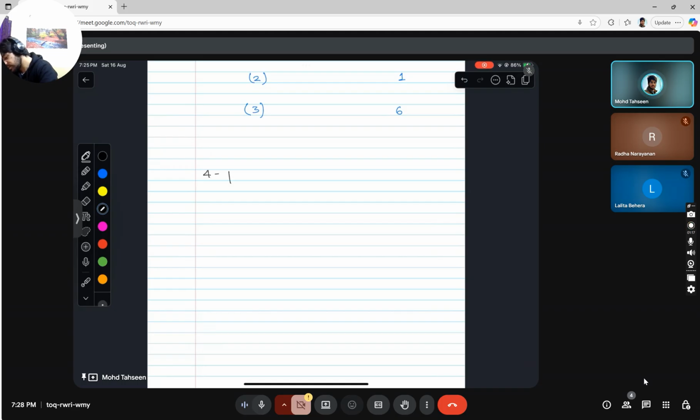So a 4 particle system, and the constraint will again be the same. The total energy is 3 epsilon, and the particles are 4.